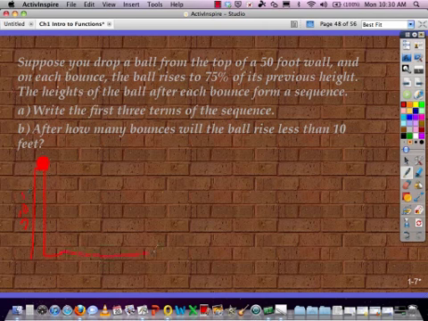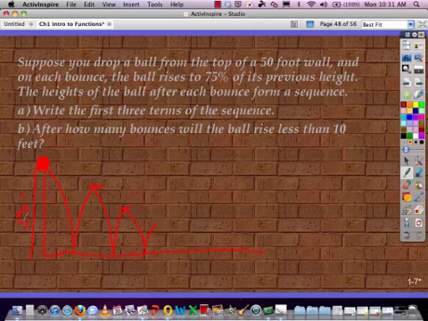So assume this is the ground. Each bounce, the ball rises 75% of its previous height. So here's the first bounce. And it rises to 75%, we'll say, which is about right there. And then down. And then it'll rise 75% again. And then down. And it will continue this pattern. So we've got that 75% going on.